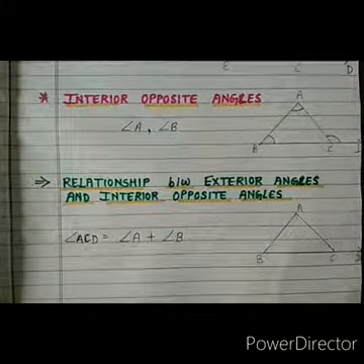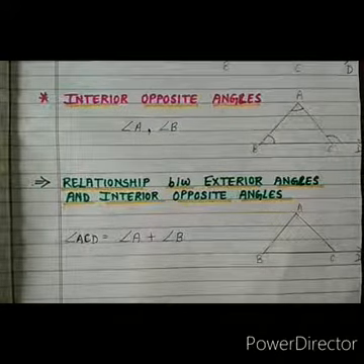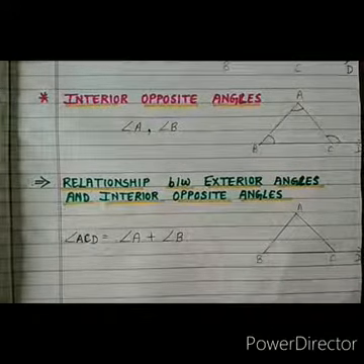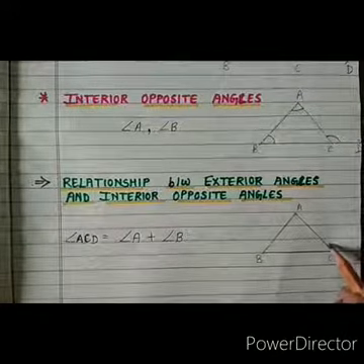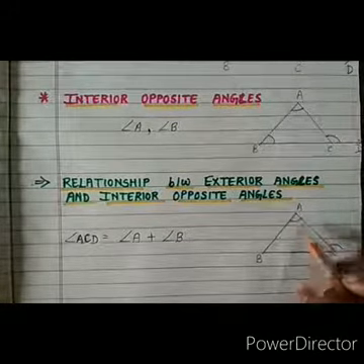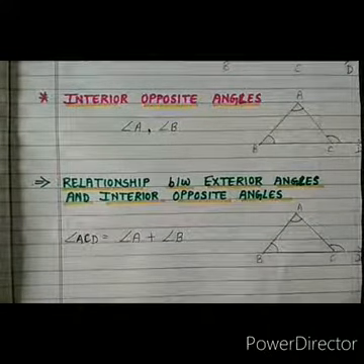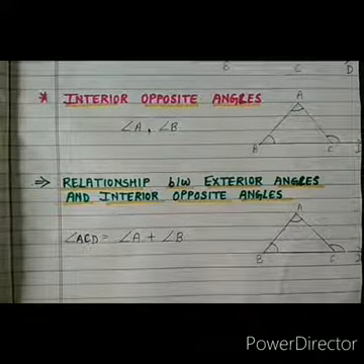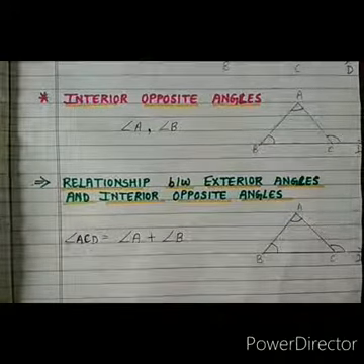Now we have a relationship between exterior angles and interior opposite angles. So this is a triangle ABC in which BC is produced to D. In this way we have an exterior angle, that is angle ACD, and interior opposite angles, that is angle A and angle B. There is a property known as the exterior angle property, that is, the exterior angle is always equal to the sum of the interior opposite angles.